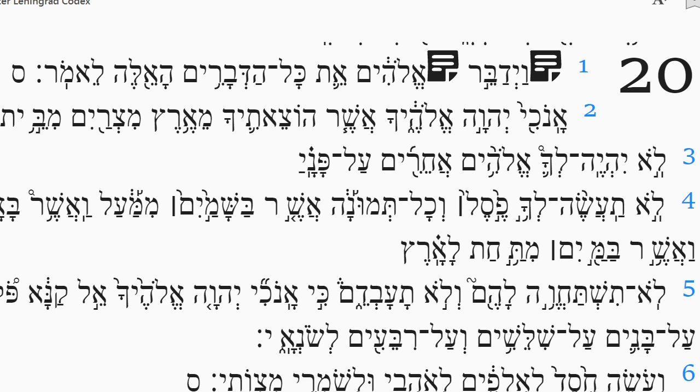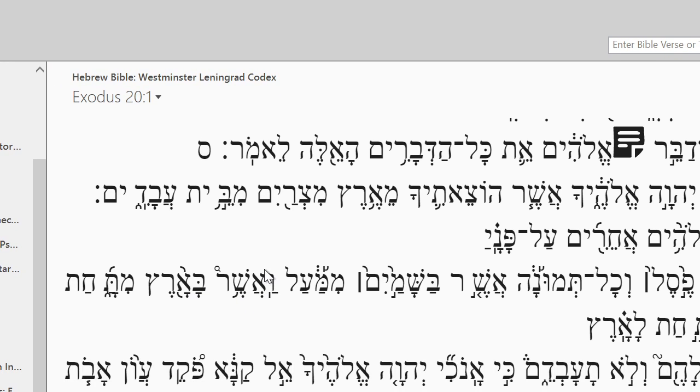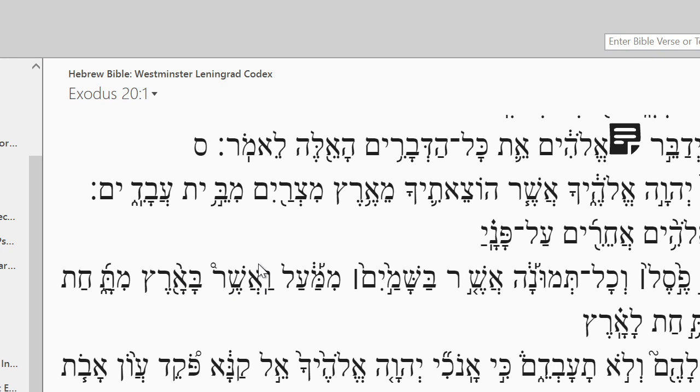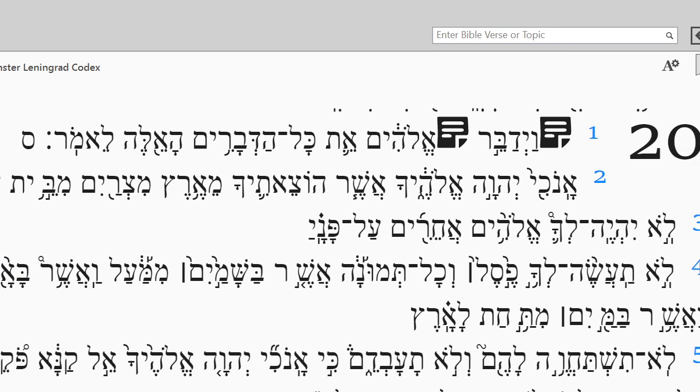Within this Bible program, they have the Hebrew Bible, in specific, the Hebrew Westminster Leningrad Codex. So we're going to glean through this and see if we can find some of those examples that we just mentioned, as well as some other examples within Exodus 20.